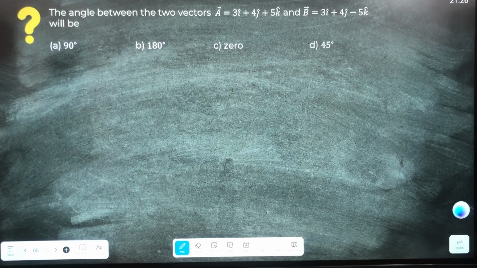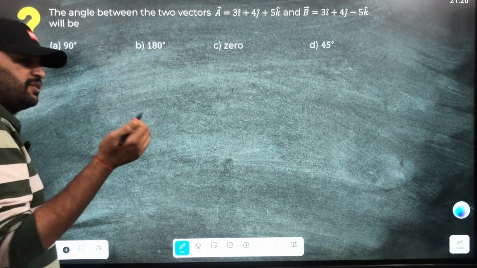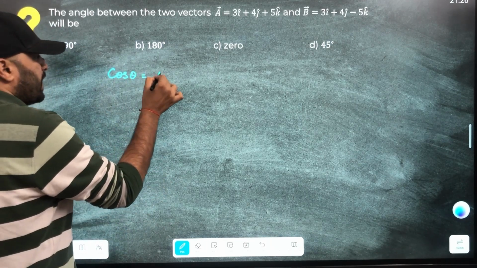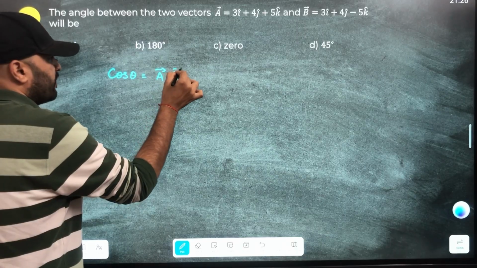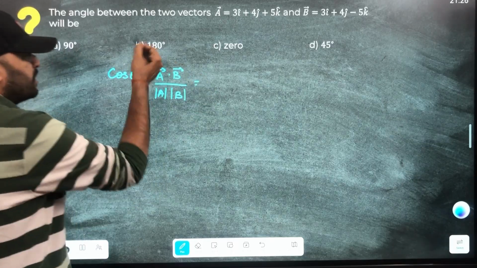Great. The question says the angle between two vectors. How do we find the angle between two vectors? Using the dot product itself. What is our formula? Cos theta equals a dot b, whole divided by magnitude of a times magnitude of b. Correct? And what is our a dot b?